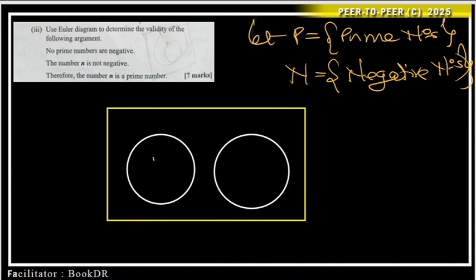If no prime number is a negative number, this means the two sets are disjoint sets and can be represented by two circles as illustrated below. So let's call this set P and this set N.